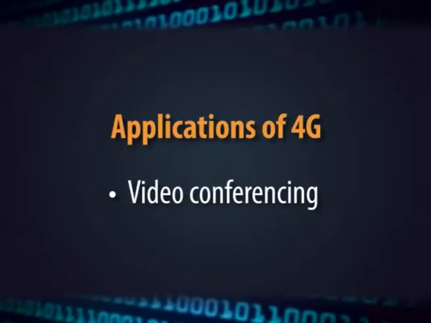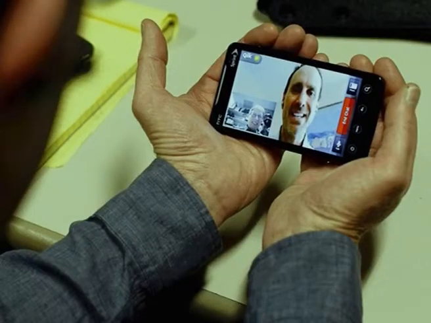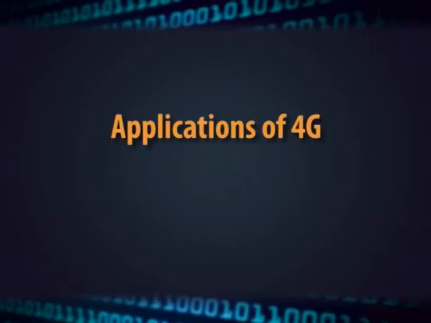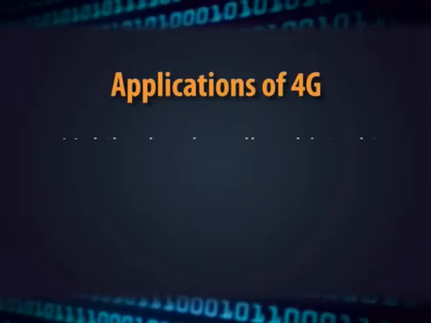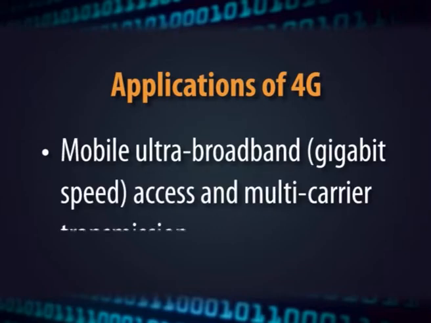Video conferencing, where subscribers can see as well as talk to each other. Location based services, where a provider sends localized weather or traffic conditions to the phone, or the phone allows the subscriber to find nearby businesses or friends. Mobile ultra broadband, gigabit speed access and multi-carrier transmission.